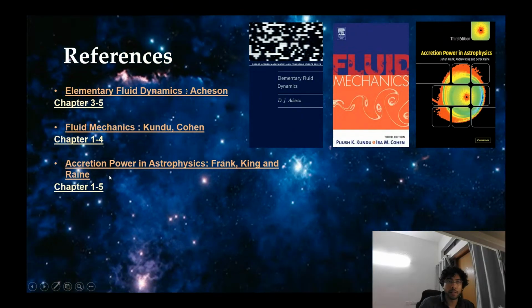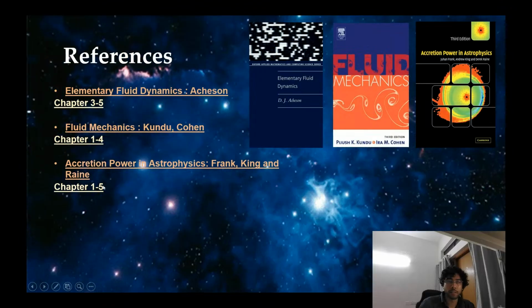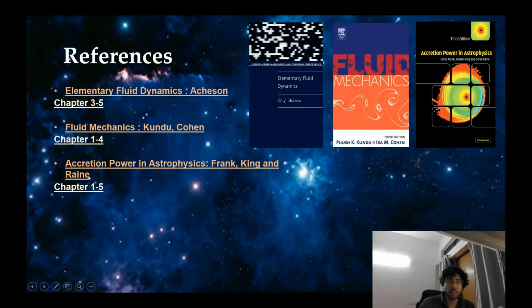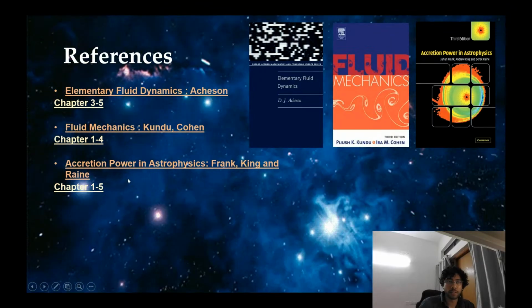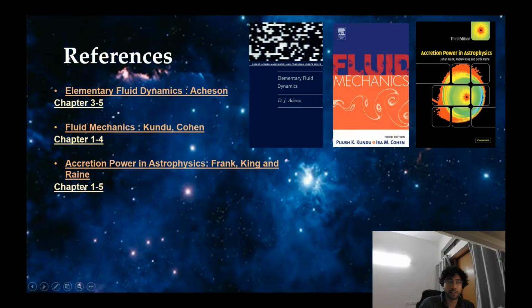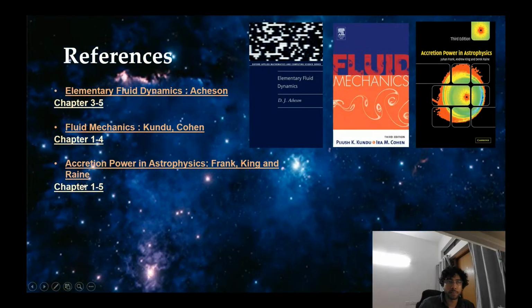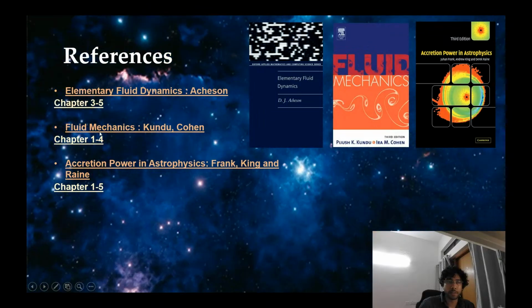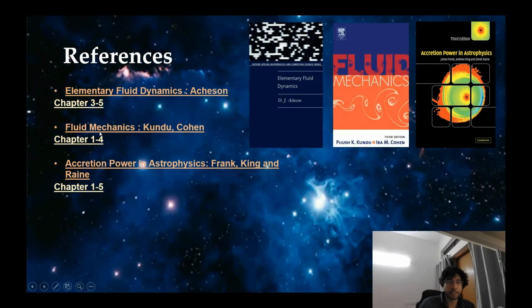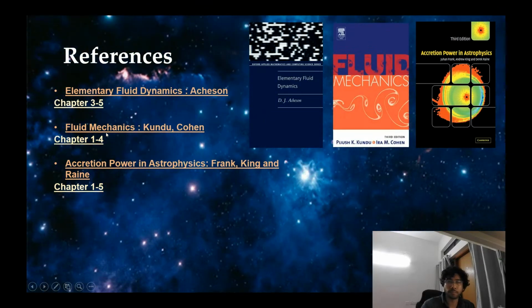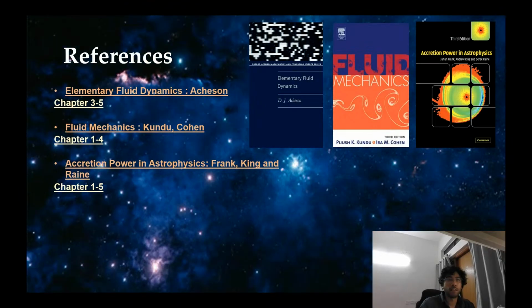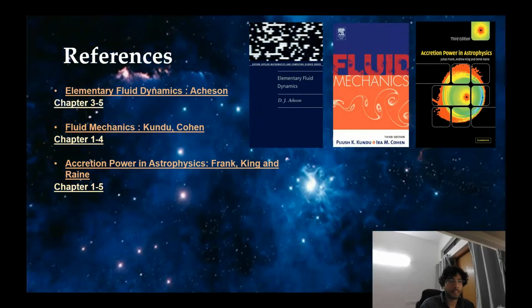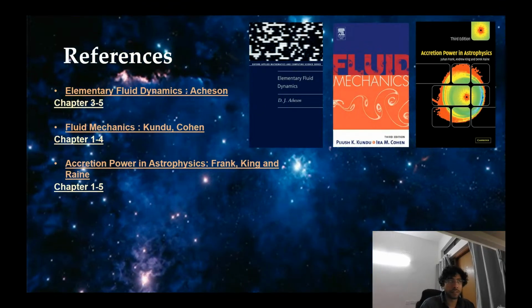And this one is for accretion. It also contains a good description of shocks and those things. Similarly, this book is on some basic fluid mechanics.